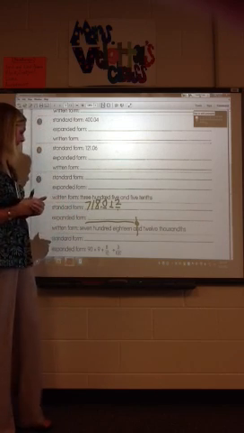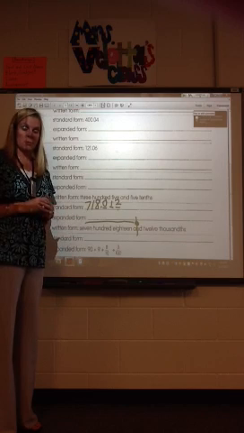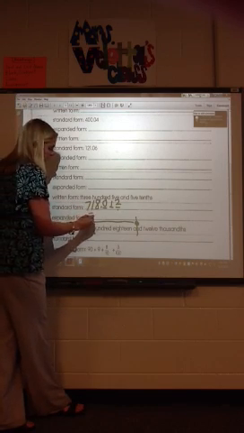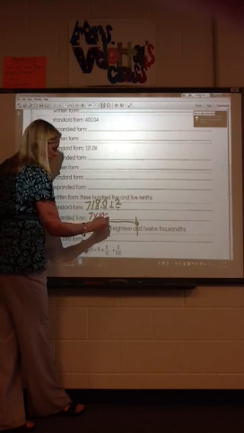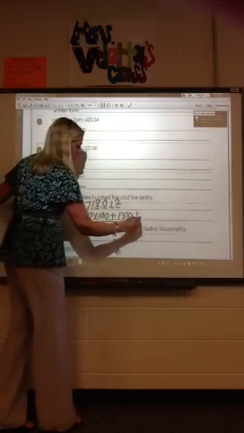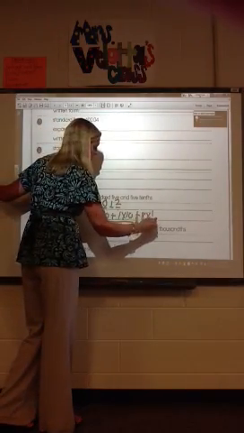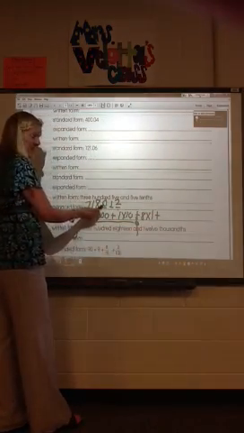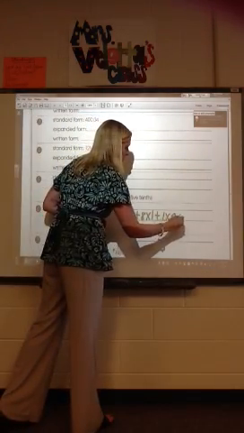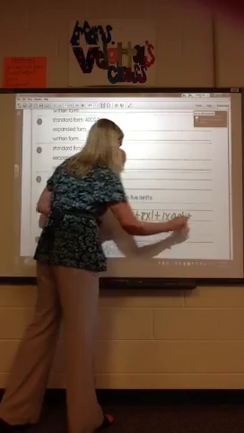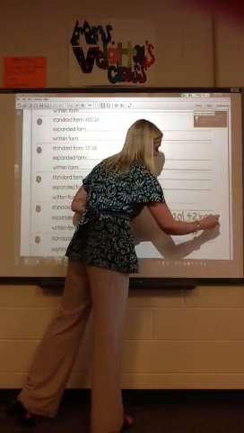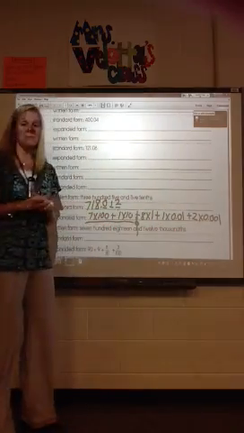If we wanted to show that in expanded form, using multiplication and addition, we would simply look at the hundreds place first, and we would write 7 times 100 plus 1 times 10 plus 8 times 1 plus, we can skip the tenths place because there's a 0, 1 times 1/100 plus 2 times 1/1,000. I hope this has helped you.